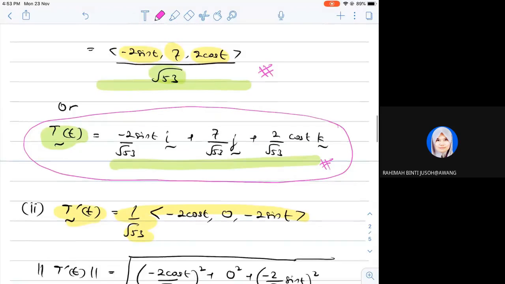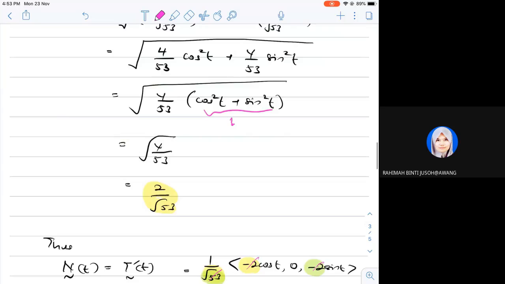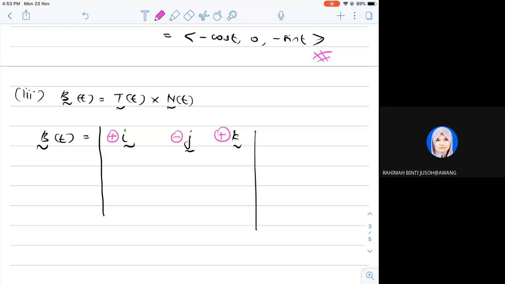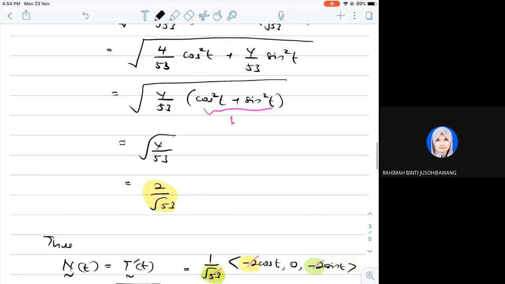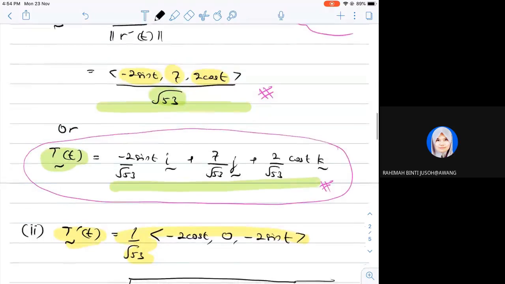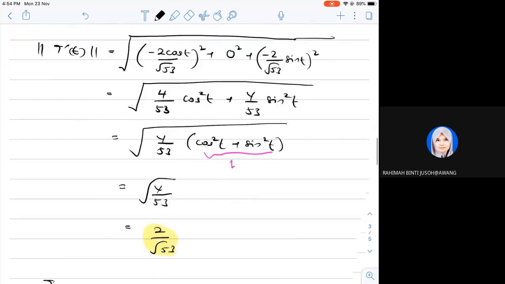So we have negative 2 over square root 53 sin t. And then for j we have 7 over square root 53.